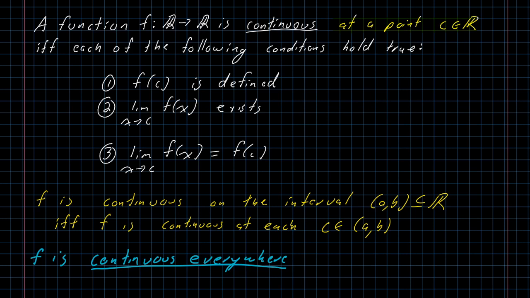So to stress, we're not talking about a point, we're not talking about an interval. f is continuous everywhere if and only if f is continuous on all real numbers, the interval from negative infinity to positive infinity. All right. That's a lot of technical detail. And what you're going to find as we go into the first example here is that it's really not anything new.